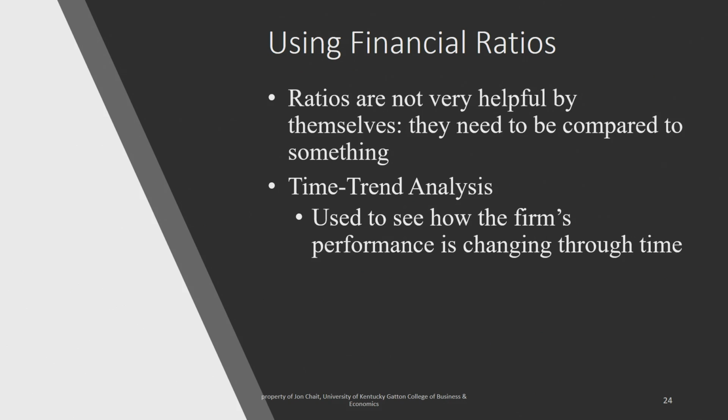Might do inventory days on the same basis, last year, this year, the year before. Same thing with receivables. Very common to look at days outstanding of receivables this year compared to last year, compared to the year before. And changes in that frequently are studied very carefully.